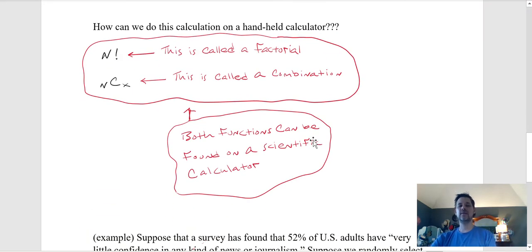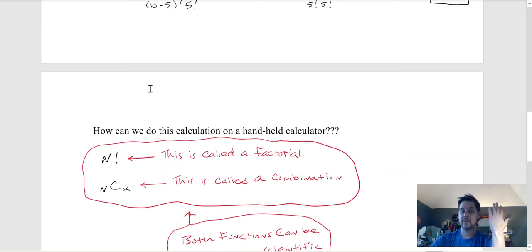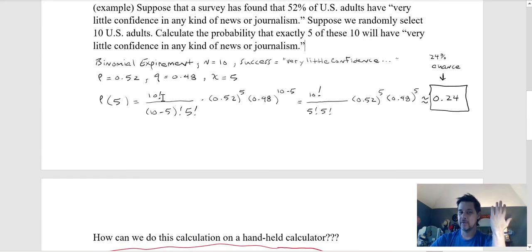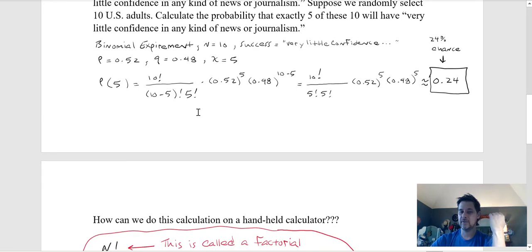I did want to have just a slide that called out all of the symbols in those formulas and what their names are. Even though I already said it, I want to emphasize that they can be done on a scientific calculator. This is called a factorial, n factorial, like 10 factorial or 5 factorial, and so on.